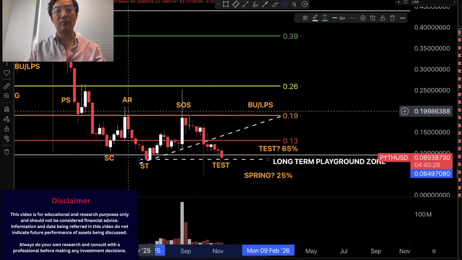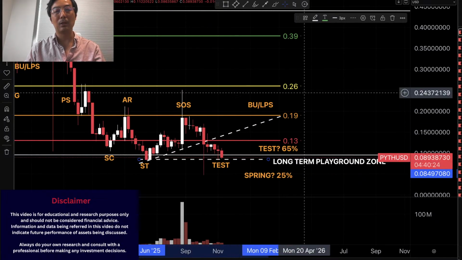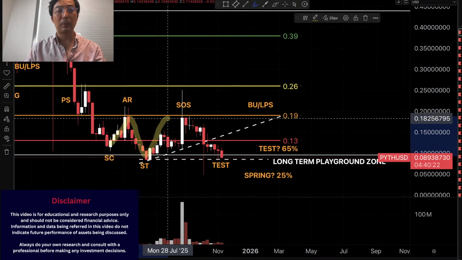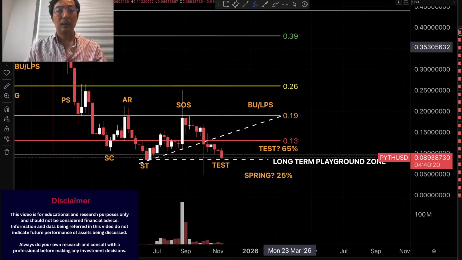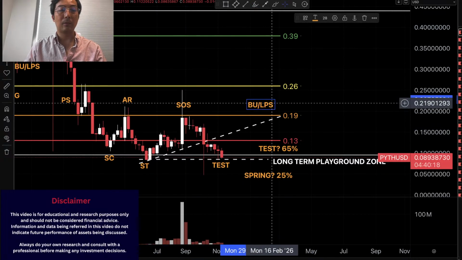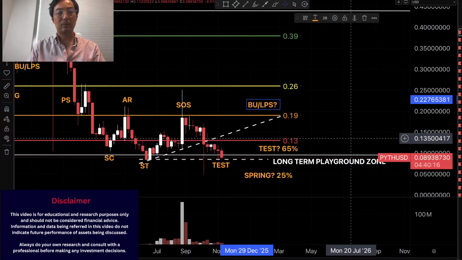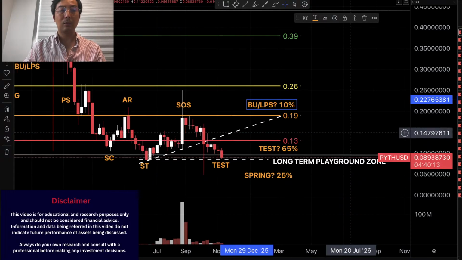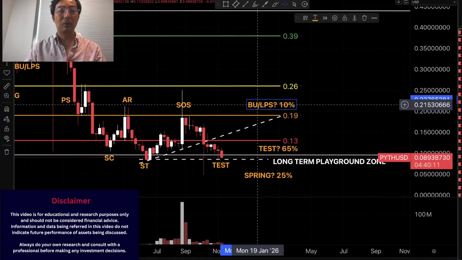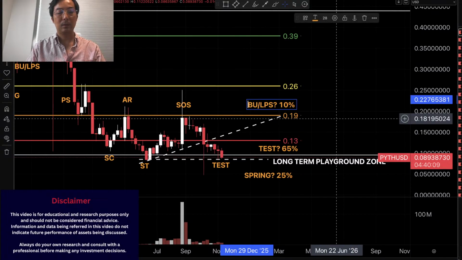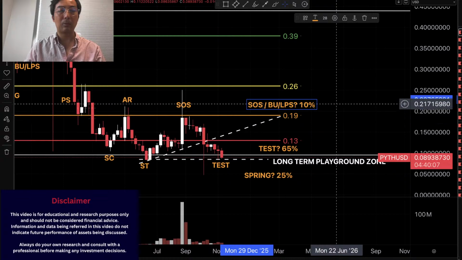Over the past half year, that was what has been happening. So this is the big picture. We've got this 10% chance for it to come up for another sign of strength and eventually back up a last point of support.